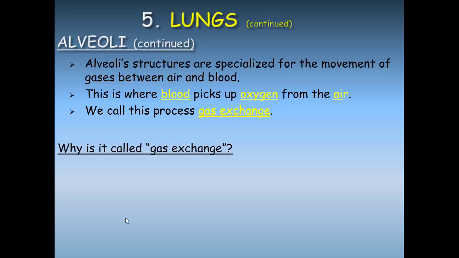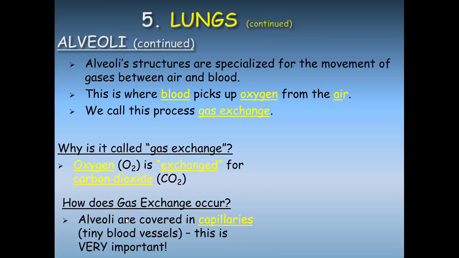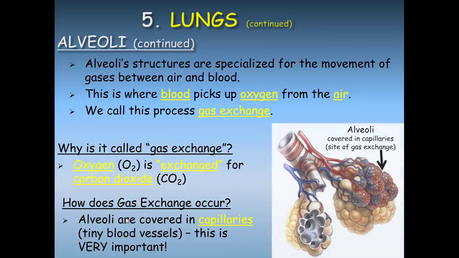We call it gas exchange because oxygen, or O2, is actually exchanged for carbon dioxide, CO2, at this location. Now, how does it work? These alveoli are covered in capillaries, which are really, really tiny blood vessels, and this is very, very important. We'll look at the next slide and we'll see a little more.